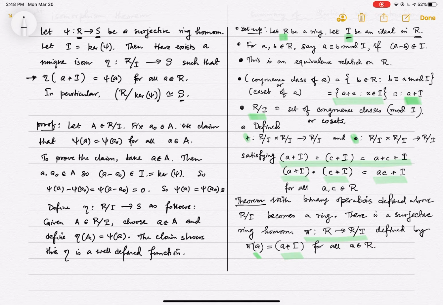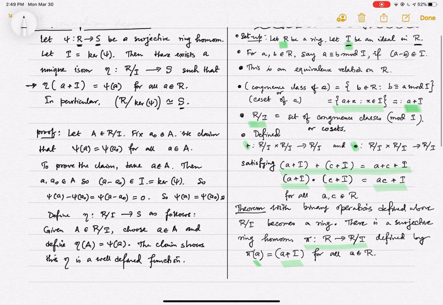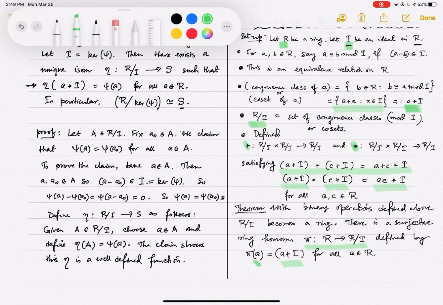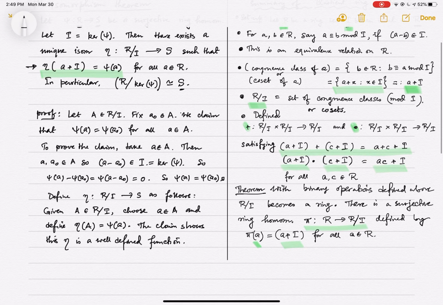Because you could choose different little a's, but which one you choose does not matter because the psi of a's are all going to be the same, because psi takes the same value on all elements of capital A. That was exactly the claim. And once you have this function, you can also check this key property. Because what is eta of a plus I? Well, to know that, you have to choose an element from this coset.